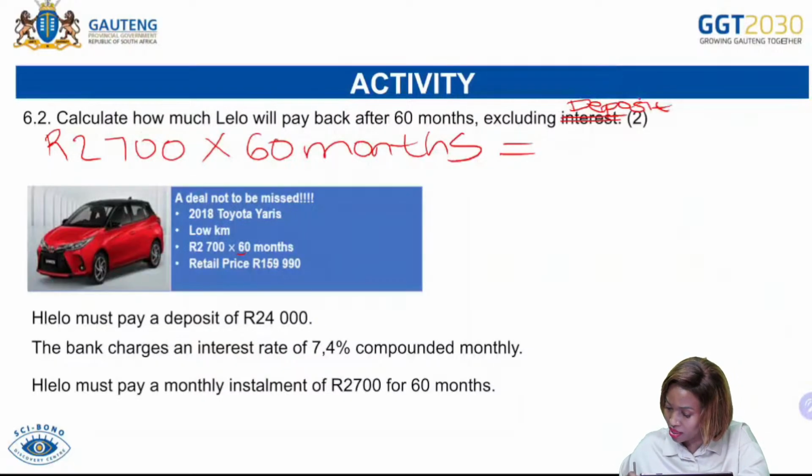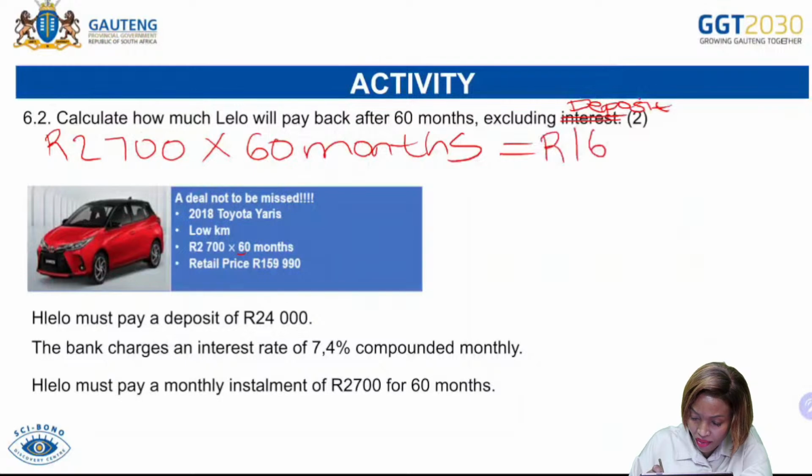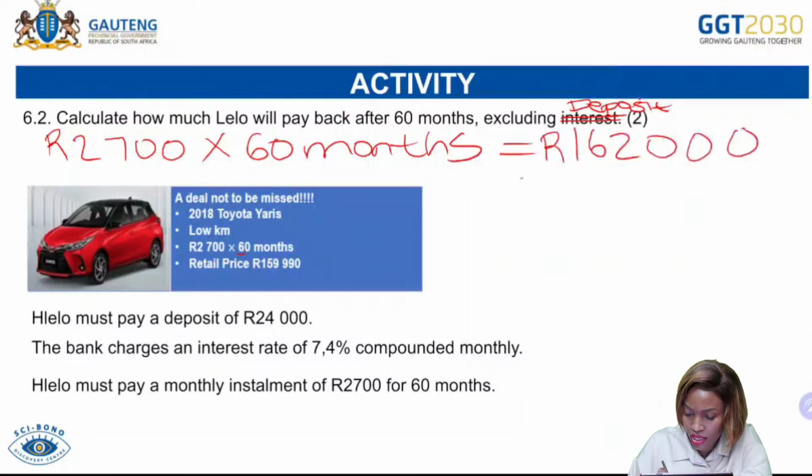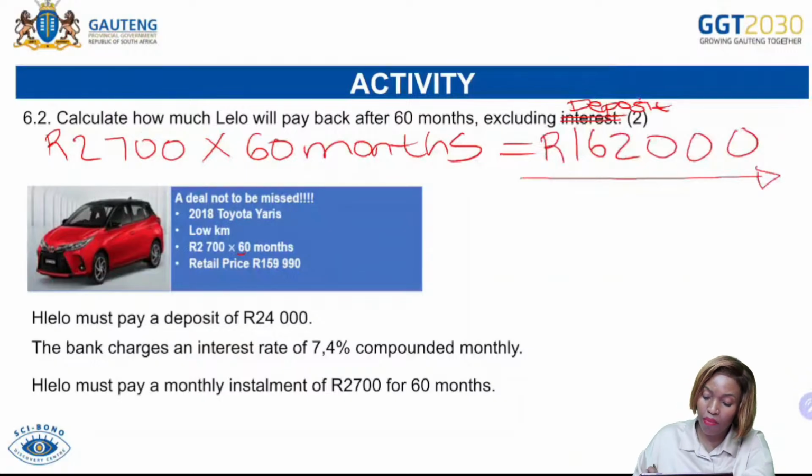So this is 2,700 multiplied by 60 months. I am getting 162,000 rands. So this is the total amount that Hlelo will pay back, excluding the 24,000 deposit.